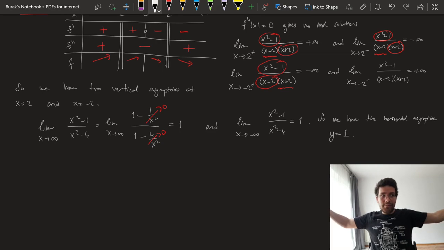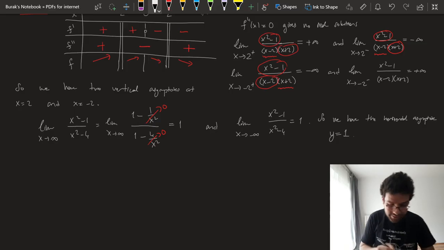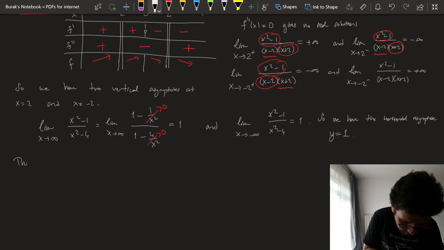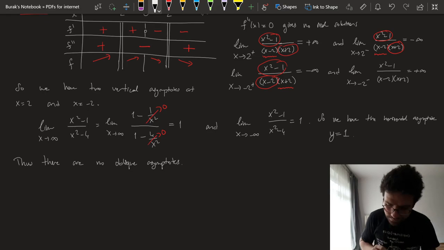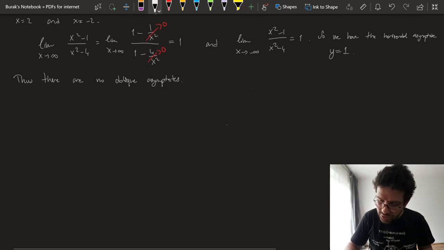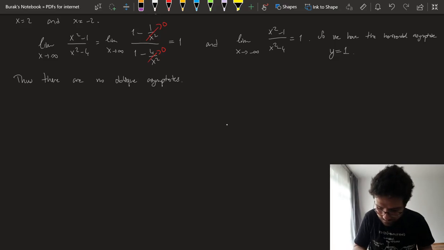Because I already know the limit of this function at positive infinity and negative infinity. They're both 1, so there are no oblique asymptotes. Okay? Now we're ready to sketch the graph of this function.